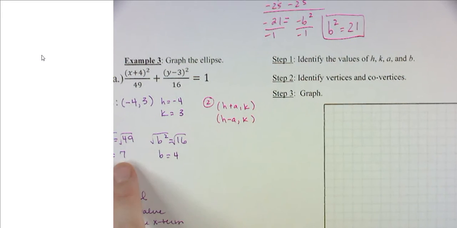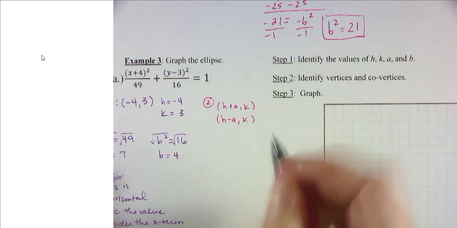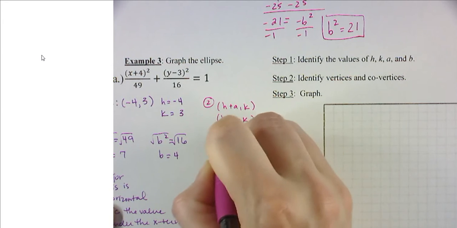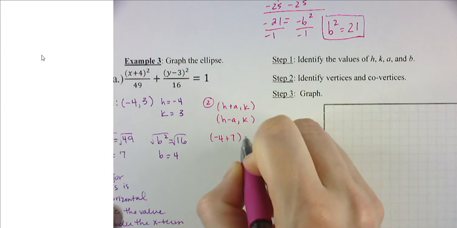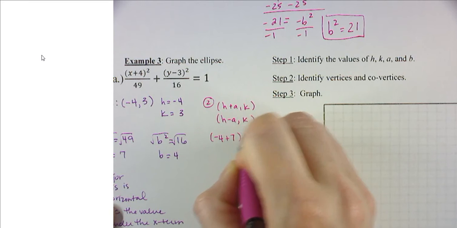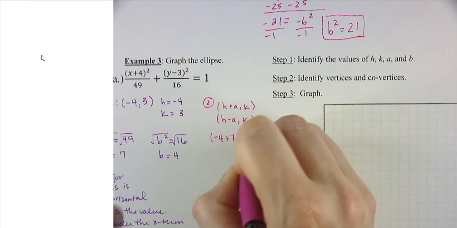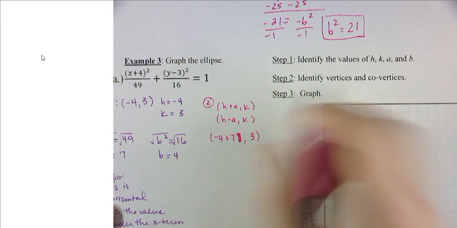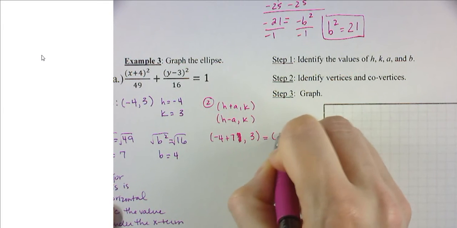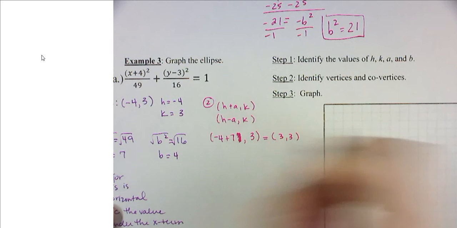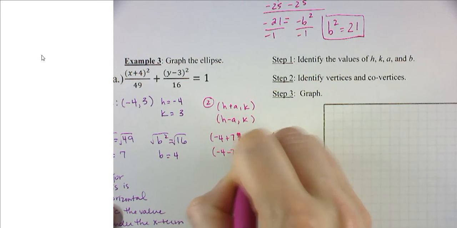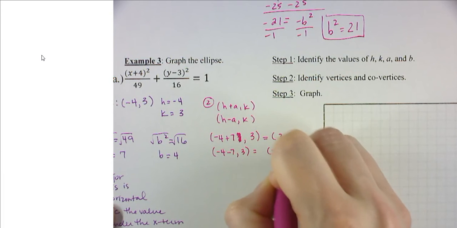So if we're going to find that, my H is -4 plus 7, comma K, and then my K value is 3. So this point is going to be 3, 3. And then I have -4 minus 7, 3, which is -11, 3. Okay, so those are my vertices.